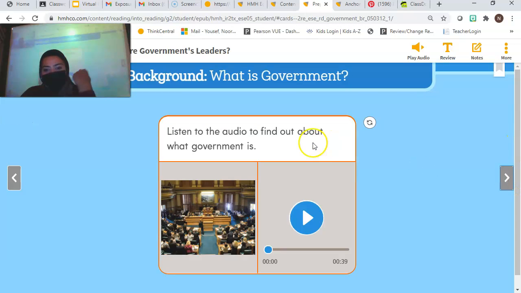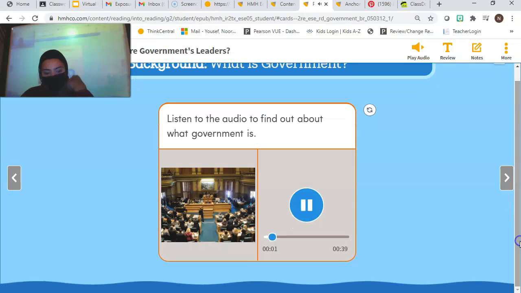What is government? Let's build a background. A government is made up of people who have special jobs. They work together to run a city, a state, or a country. This is done in 3 ways. One part of the government makes laws. Laws are like rules. They protect people and keep them safe.